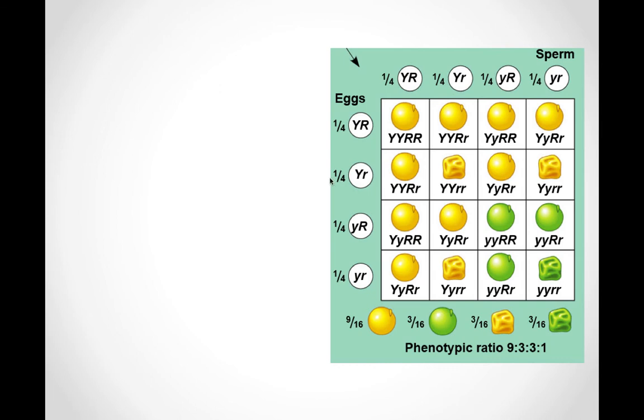If they have 2 capital R's, they're homozygous round. If they have big Y, little y, they're heterozygous yellow. If they have big R, little r, they're heterozygous round. If they have little y, they are homozygous recessive or green, because that's the recessive trait. You remember yellow is dominant and round is dominant. If they have 2 little r's, they are homozygous recessive, or they have the wrinkles. Okay, we will go through this again in class, and I'll draw it out.